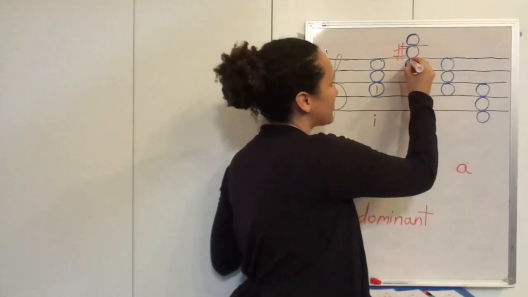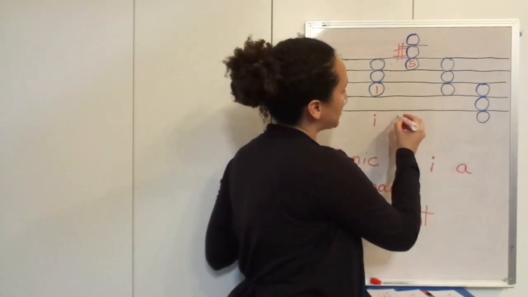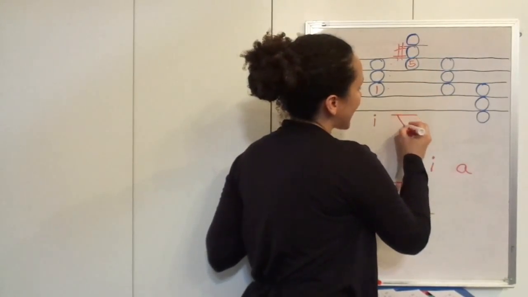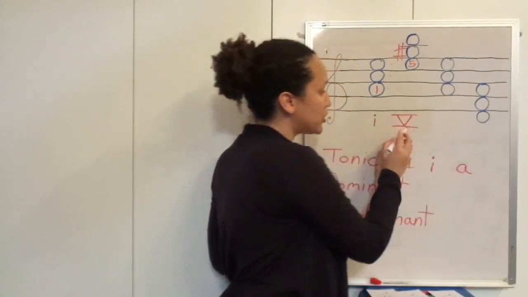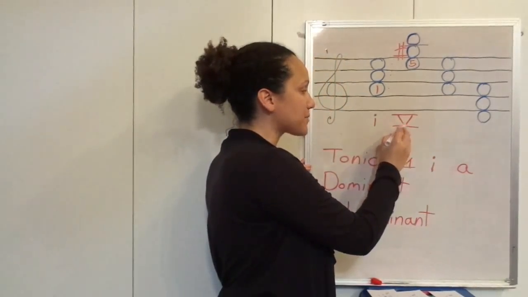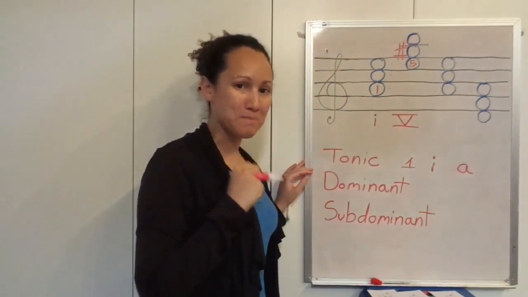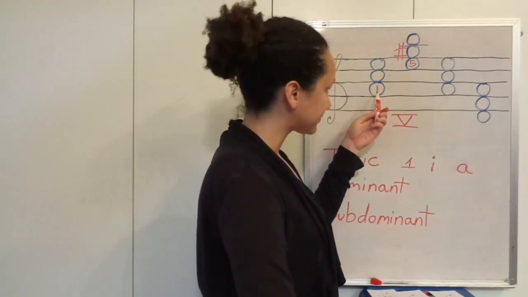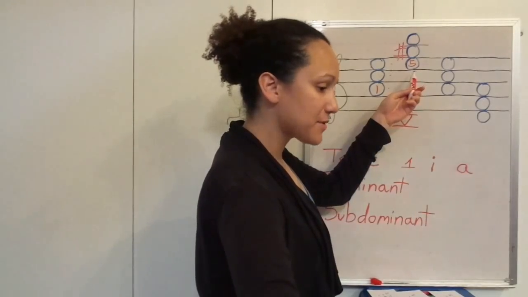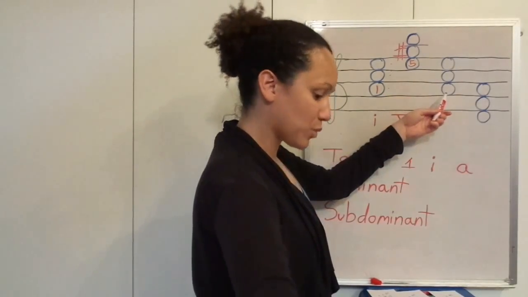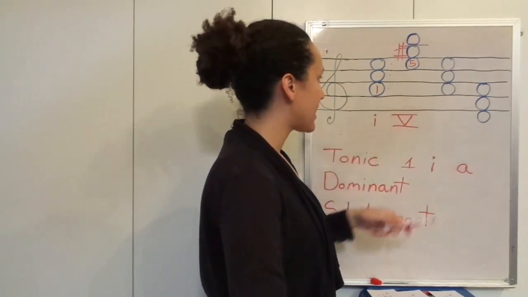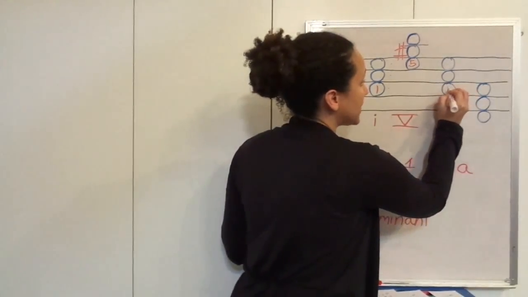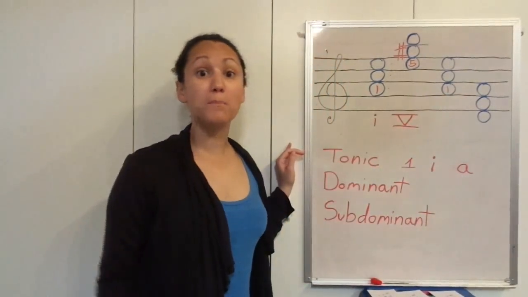Even though A minor has no sharps or flats, the dominant still gets an accidental. So here's our 5 chord, and I'll put it down here. Capital, Roman numeral V, Roman numeral 5, and capital for major. So we have our minor 1, our major 5, our minor 1 again. Now, subdominant dominates from below.